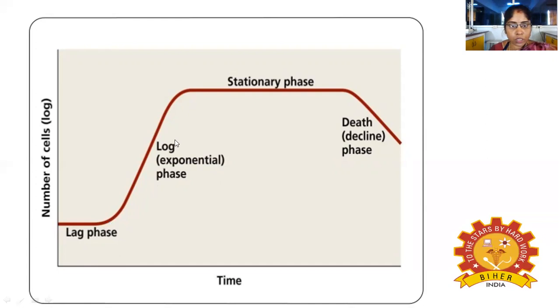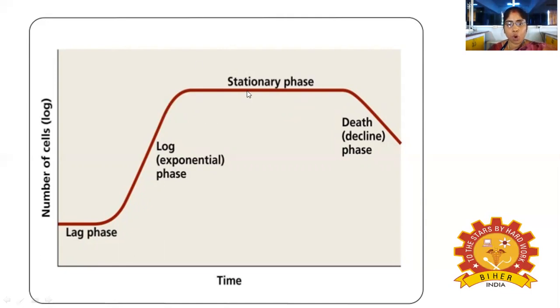In the log or exponential phase, the cells start to divide, which means they reproduce into a number of cells. Next it enters the stationary phase. Once the cells have entirely divided, it is ready for product formation, which occurs in the stationary phase.